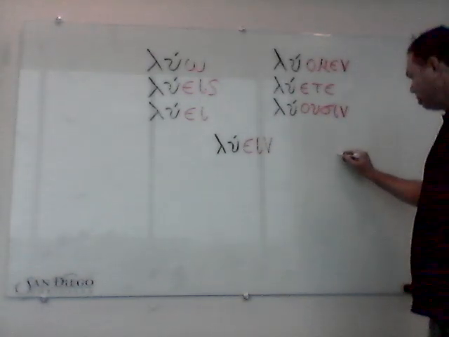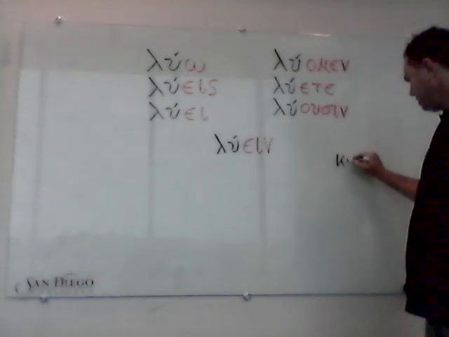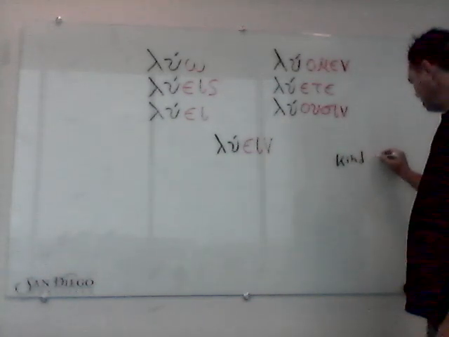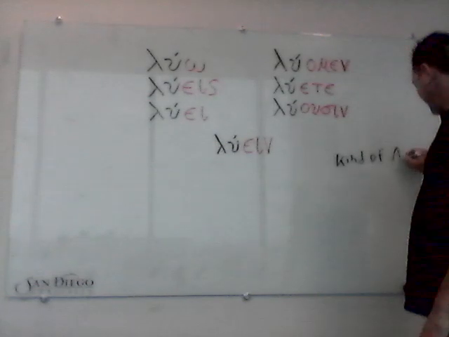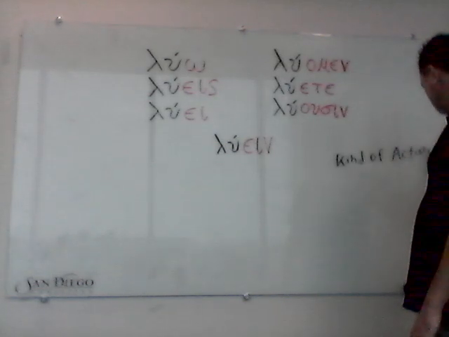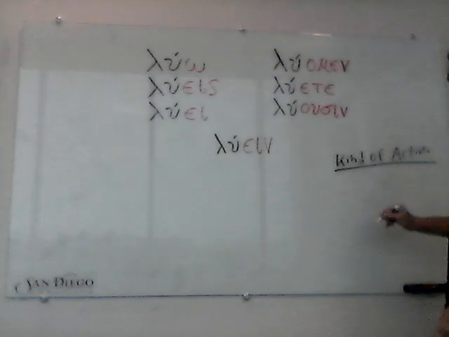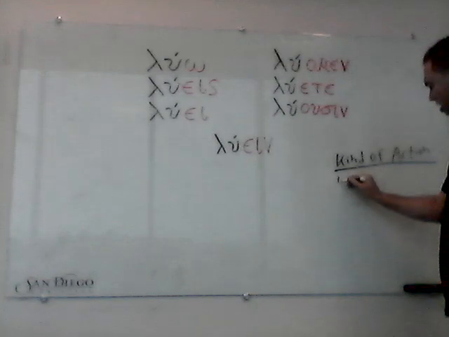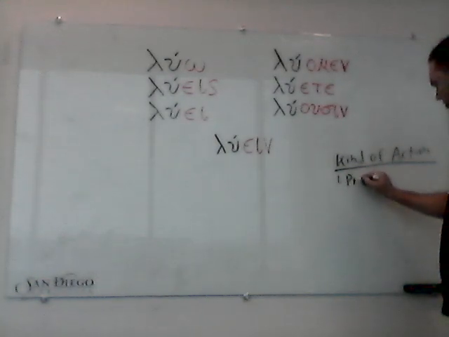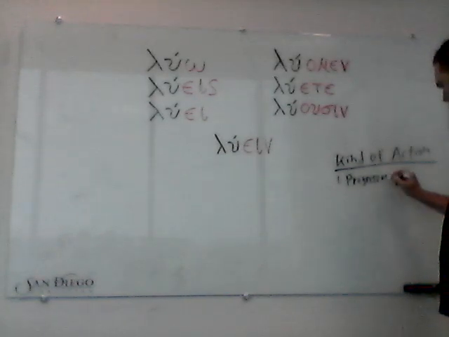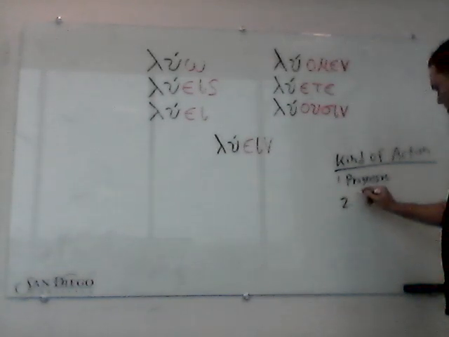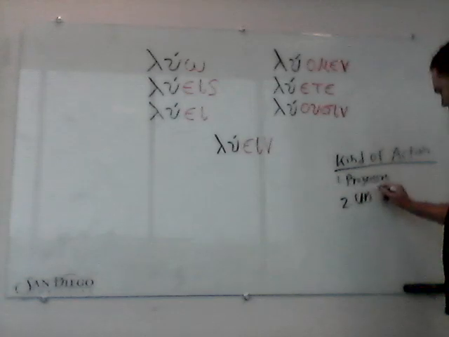We may as well write these 3 kinds of action on the board right here, just so you can remember it. Kind of action. Sorry if you can't see that very well, but again, our options are progressive, undefined.